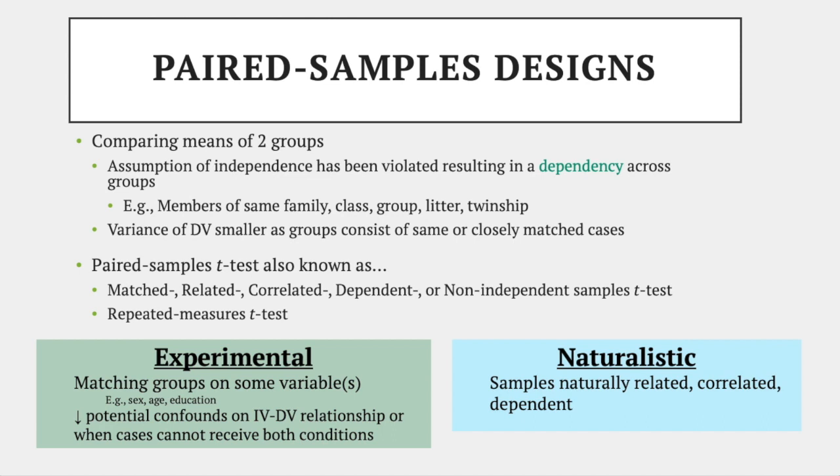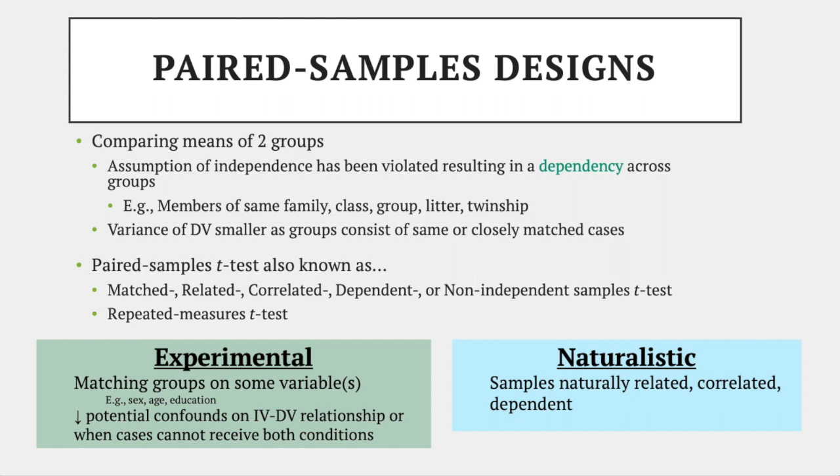So paired samples designs. And essentially what we're trying to do is comparing means of two groups where the assumption of independence has been violated, resulting in a dependency across the groups. So we can't call them independent groups anymore. Instead, they are dependent groups.